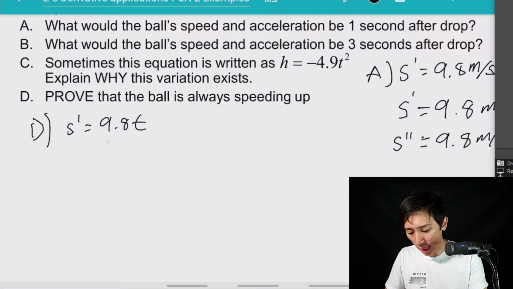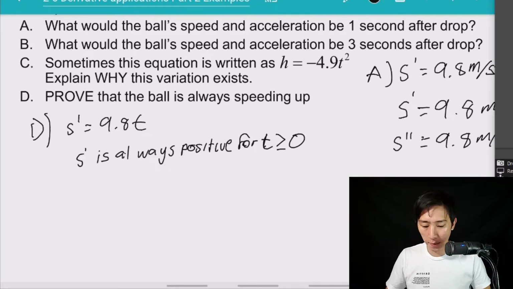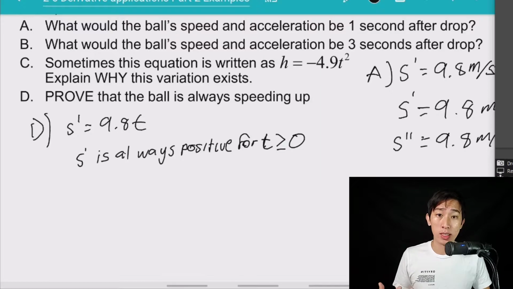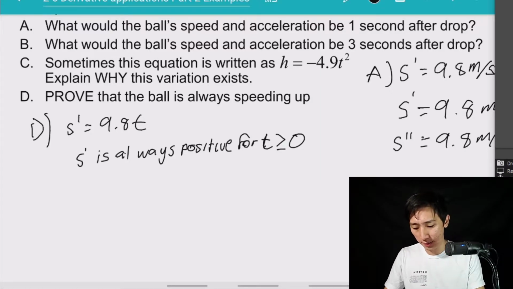And then what we can say is S prime is always positive for t greater than or equal to 0. It only makes sense to take that because we're not going backwards in time. So for all of the cases that we care about, this is always going to be positive.